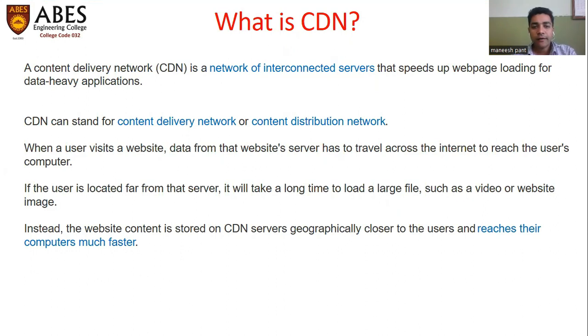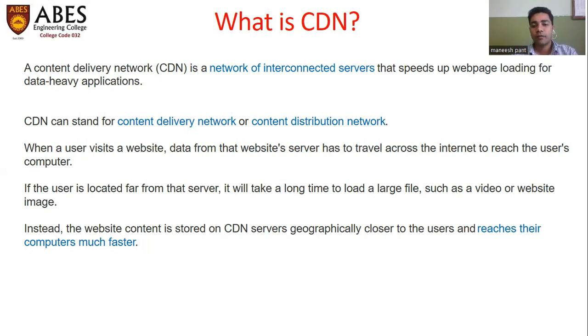So what CDN does is, if I attach the CDN with EC2 or S3, it creates an edge location for your website. Now that edge location will contain all the cached data of your website.